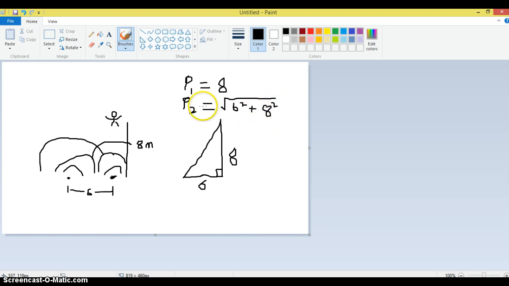Okay. And after calculating that, the square root of 100 is going to be 10. So we know that the path 2 is going to be 10 meters, right? So P2 equals 10.